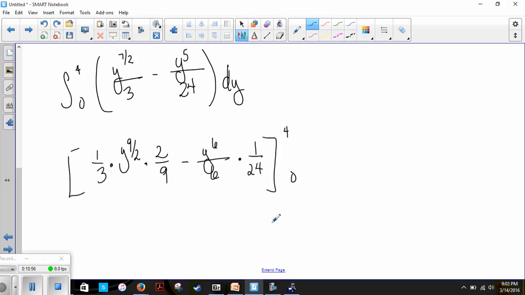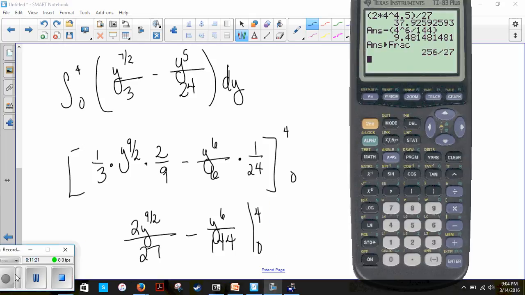Not a whole lot of cleanup that we have here. This just got bigger. I have 2y to the 9/2 over 27 minus y to the 6 times whatever 24 times 6 is, 144, from 0 to 4.